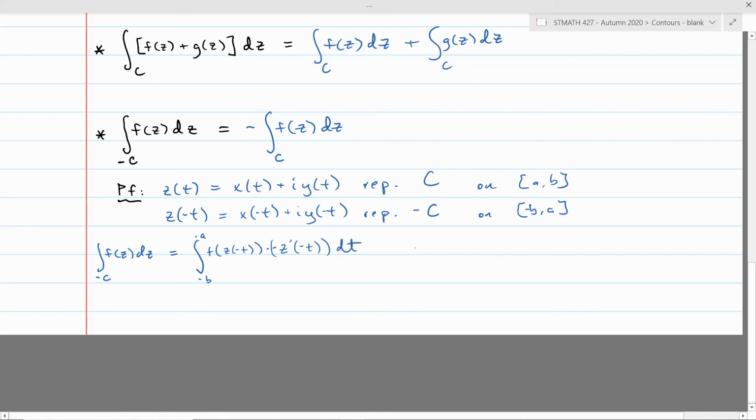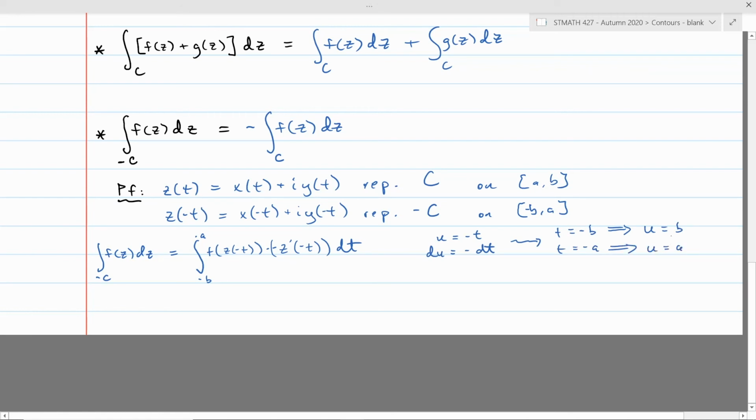And then you could set u equal to negative t so that du equals negative dt. And notice also that if t is equal to negative b, that gives you u equal to positive b. And if t is equal to negative a, you get u equal to positive a.